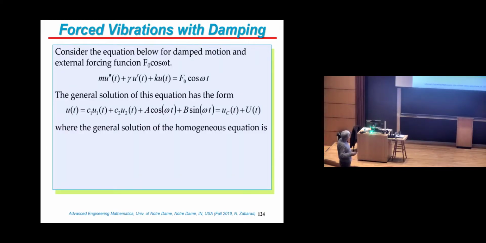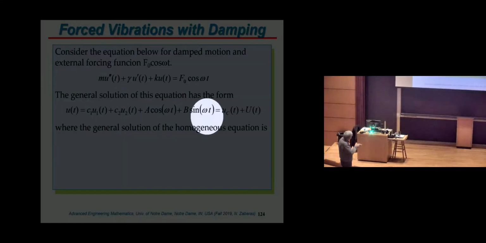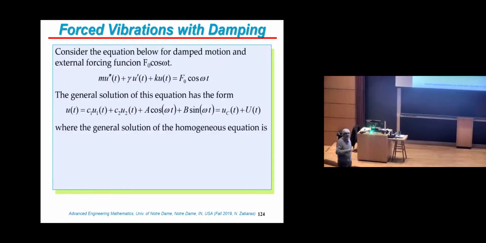So effectively, you can see this capital U of t as being the steady-state solution, right? In engineering books, for example, they're not even going to bother to give you the homogeneous solution, because at long-term time the homogeneous solution has died out. However, the homogeneous solution is essential because it gives you the effect of the initial conditions, right?